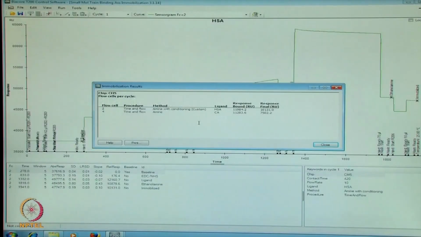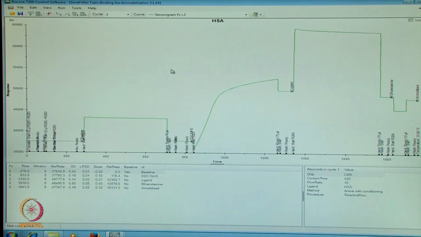From our experimentation, the following are the results for the immobilization of human serum albumin and carbonic anhydrase on two different flow channels.